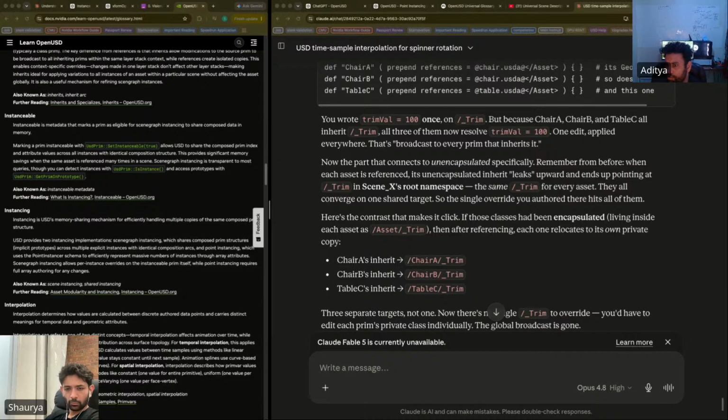Okay, so in this scenario, the broadcast override is limited to the layer stack's content where you author the override, not globally to the original asset file. Okay, yes. So any file that we have in the CNX will have those changes, even the prims that are referencing those assets in the CNX.